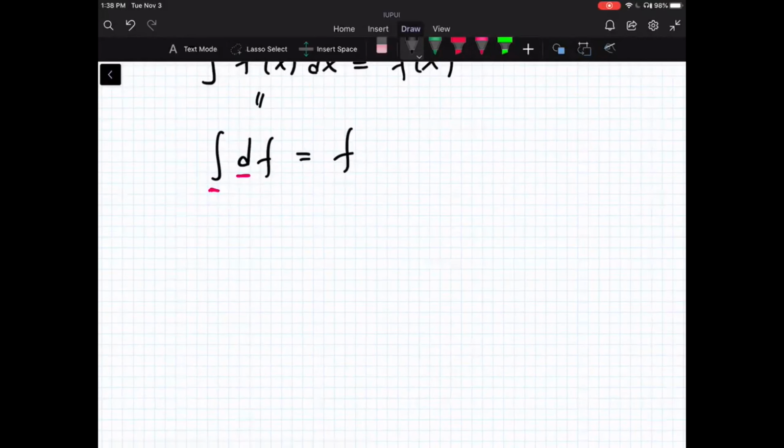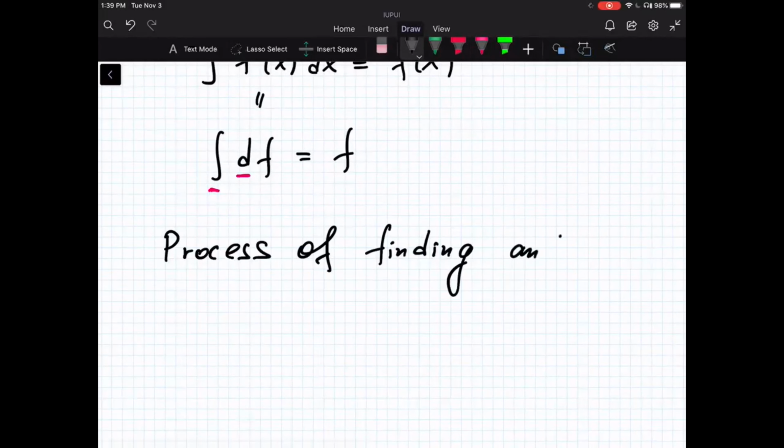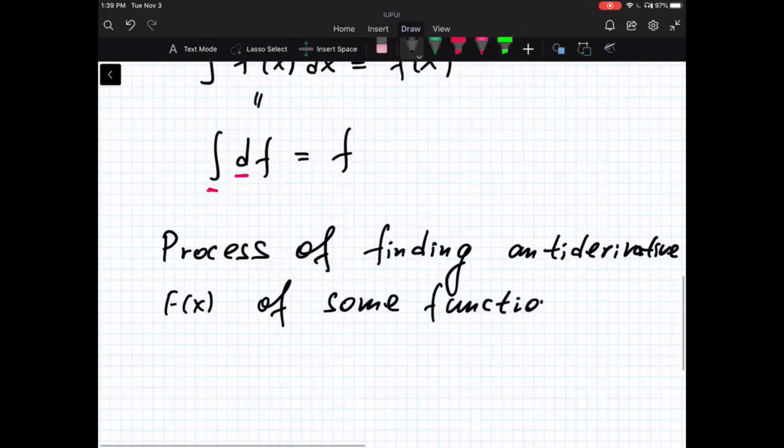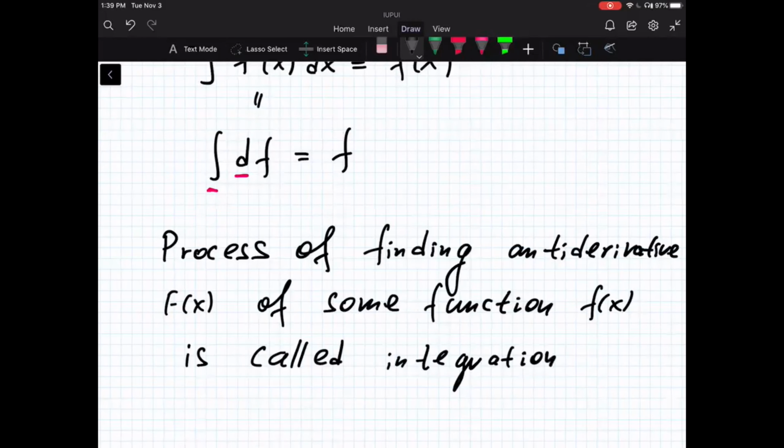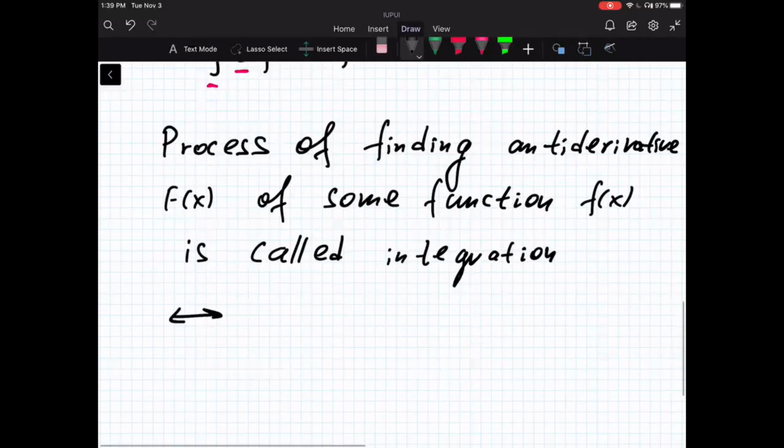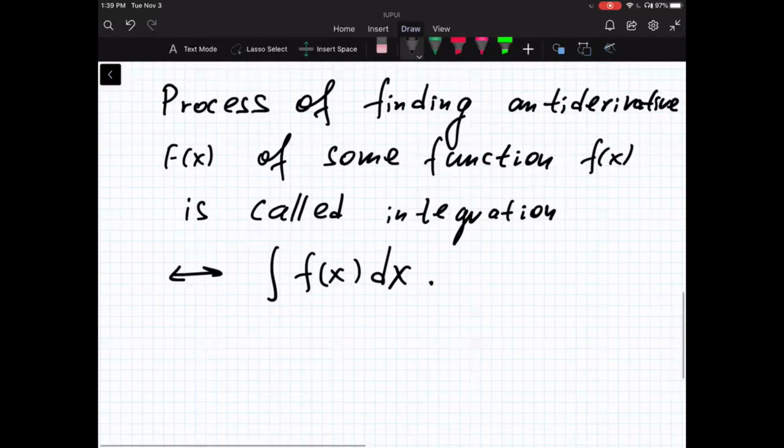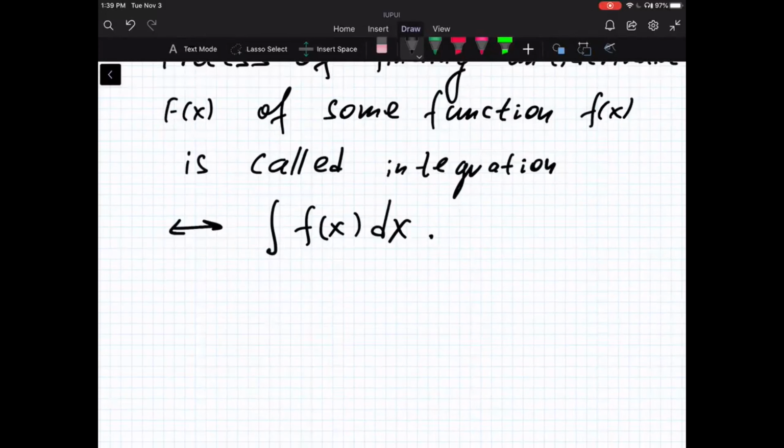So now the process of finding the antiderivative, capital F of x, of some function f of x we will call integration, and it is equivalent to finding the following indefinite integral. And so now we can rewrite our formulas that we discussed in section 4.1.